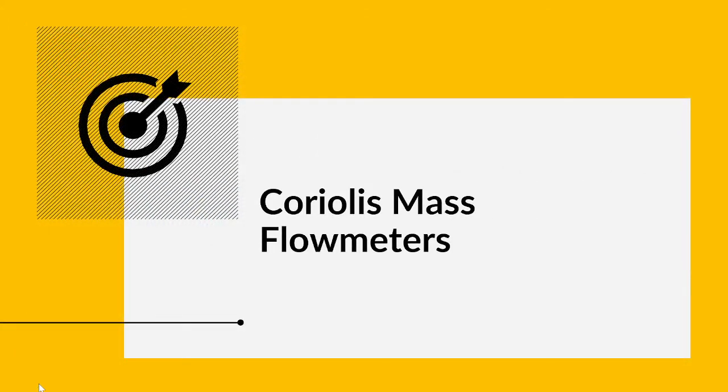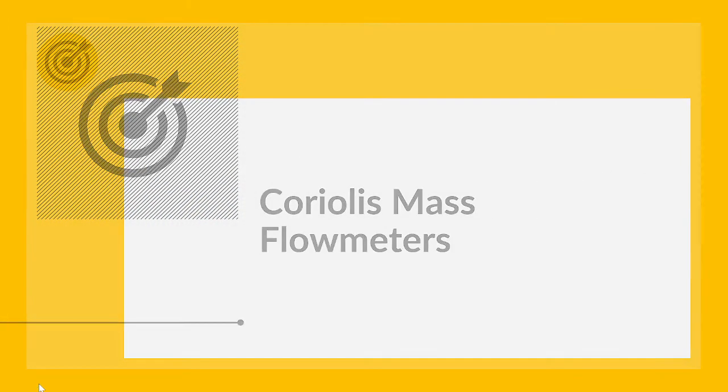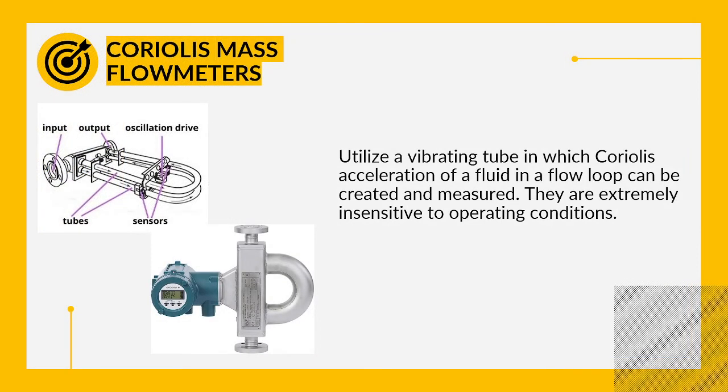Next up, we have the Coriolis mass flow meters. It utilizes a vibrating tube in which Coriolis acceleration of a fluid in a flow loop can be created and measured. They can be used with virtually any liquid and are extremely insensitive to operating conditions, with pressure ranges over 100 to 1.